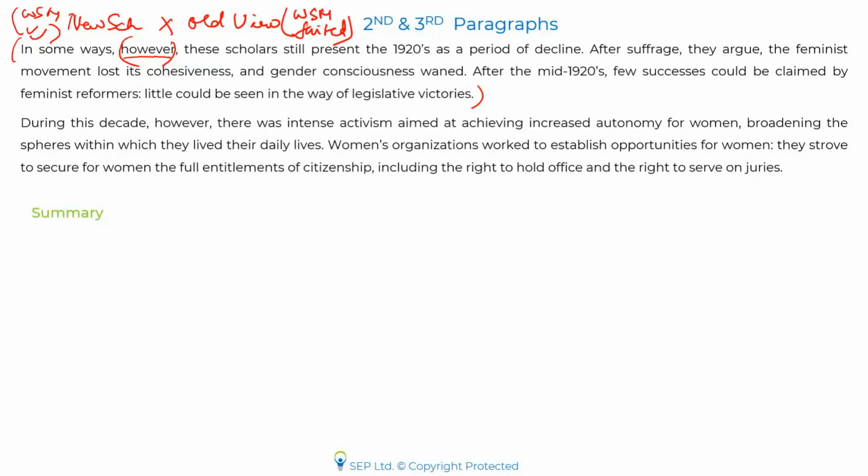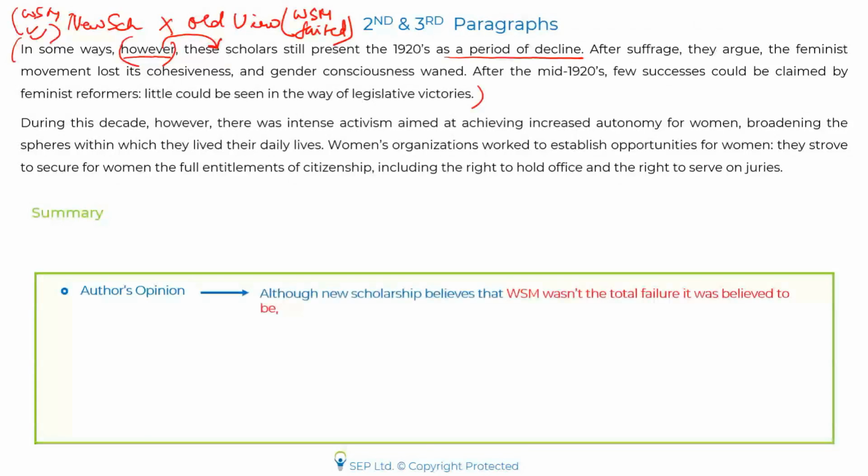So despite the previous paragraph, the author is telling us, however, that despite believing that women's suffrage movement was not a failure, these scholars still present the 1920s as a period of decline. So the author's opinion is, although new scholarship believes that women's suffrage movement wasn't the total failure it was believed to be, new scholarship, this is important, to a certain extent still shows the 1920s to be a period of decline.